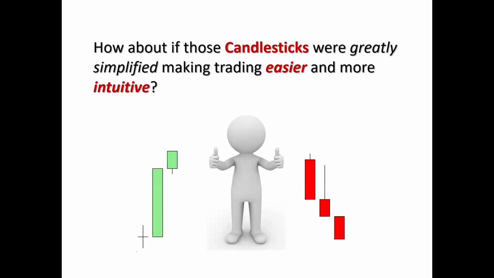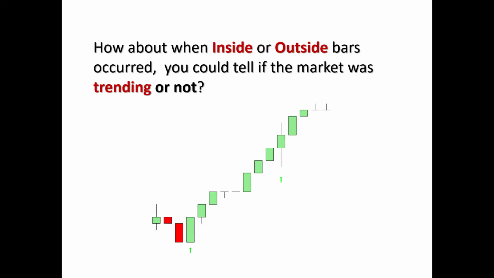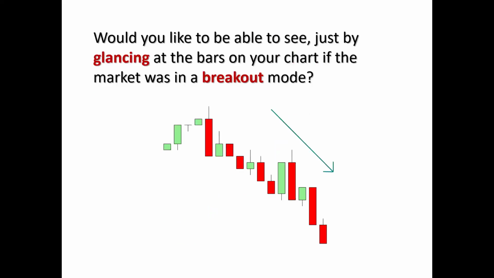How about if those candlesticks were greatly simplified, making trading easier and more intuitive, like closing at the highs and the lows, like the ones we're seeing here? How about when inside or outside bars occur, you could tell if the market is trending or not, or if traders are trapped. All of these are concepts that we just covered. We're going through this pretty quickly, right?